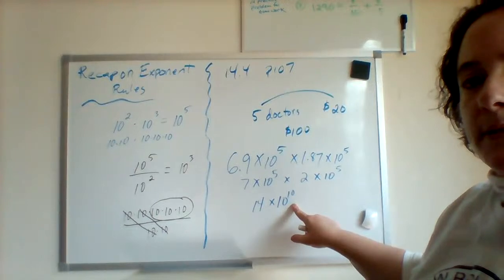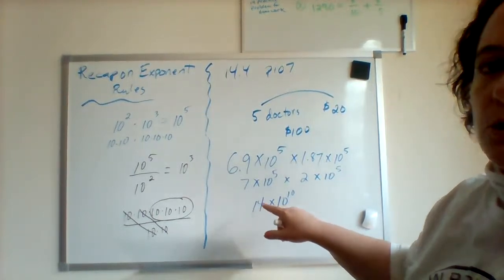Do you guys know what this is? Like thousands, billions, millions, trillions, like what is that?